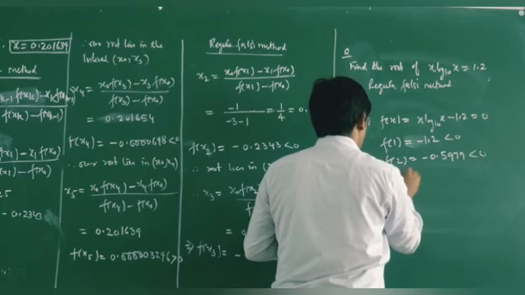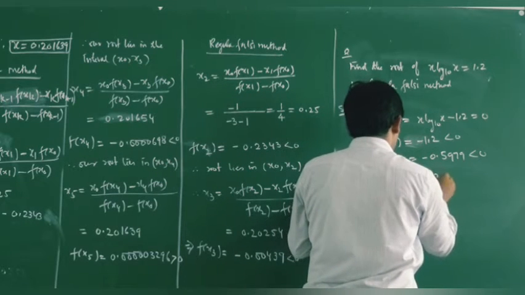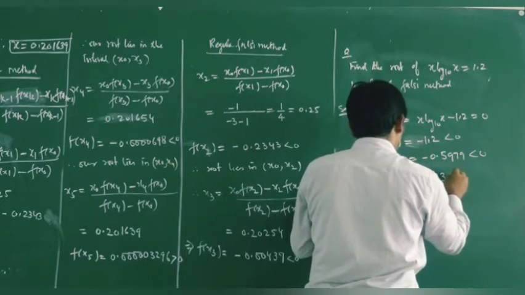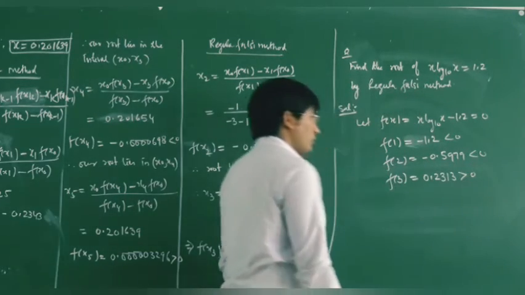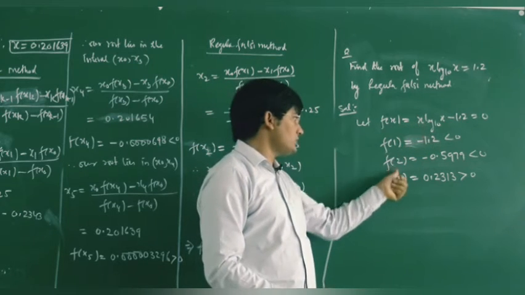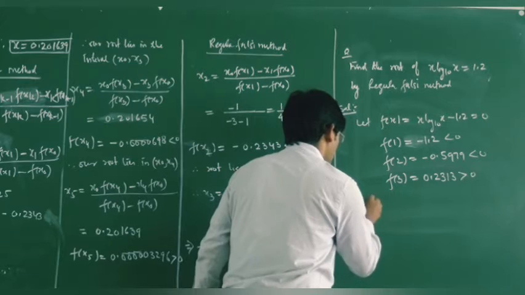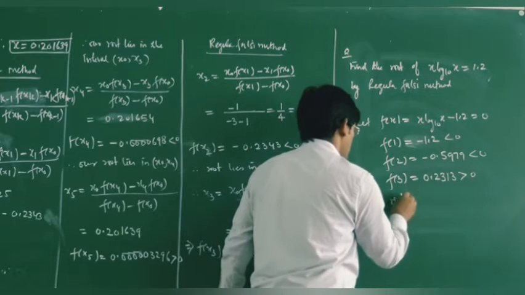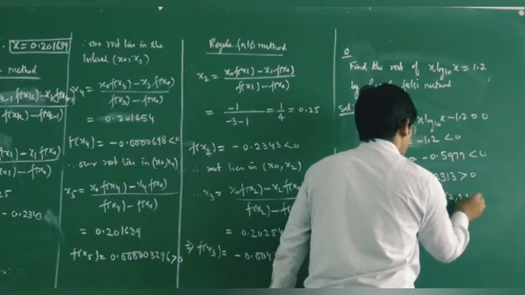And if you put x equal to 3, then we have the value of the function as 0.2313, which is positive. So you can see that our root of this particular equation lies between 2 and 3. So this implies that our root lies in the interval 2, 3.